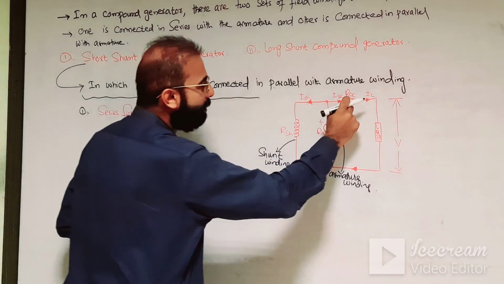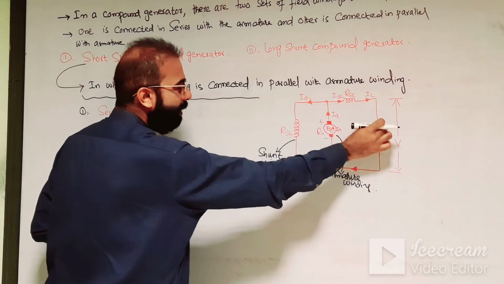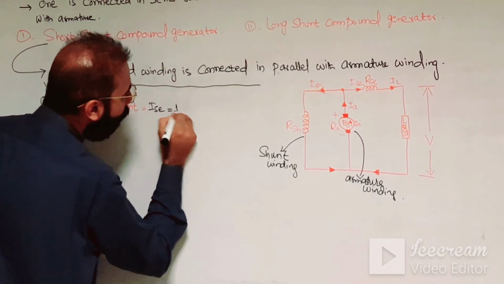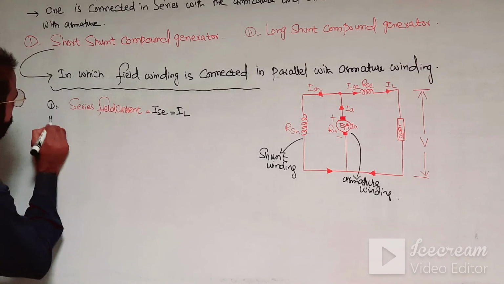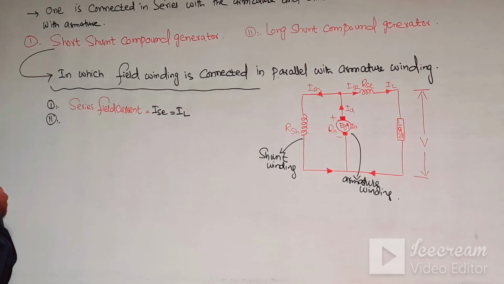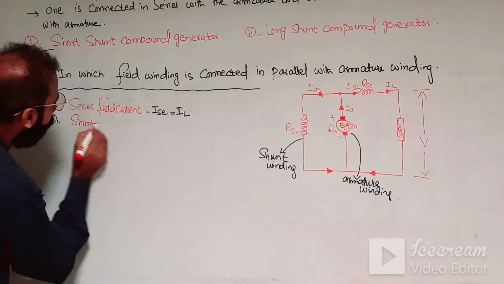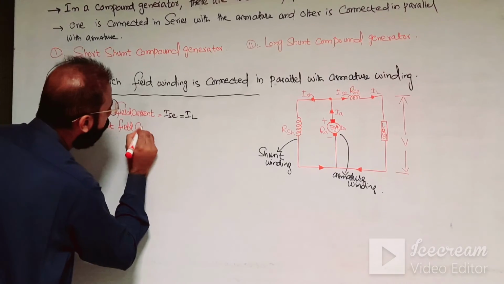You can see the series field current is equal to the load current, because this is connected in series with the load side. So here ISE is equal to IL in the case of the short shunt compound wound generator. Number two is the shunt field current.